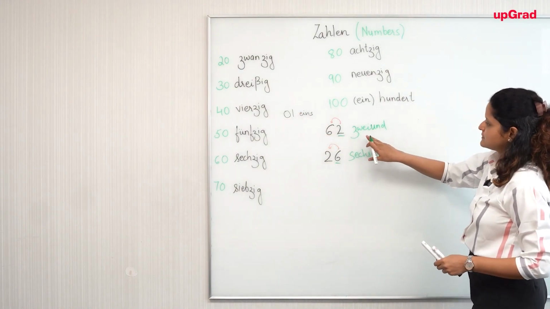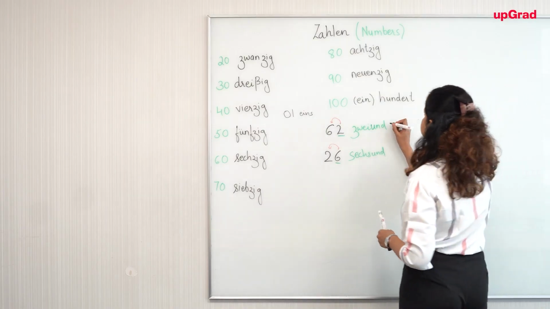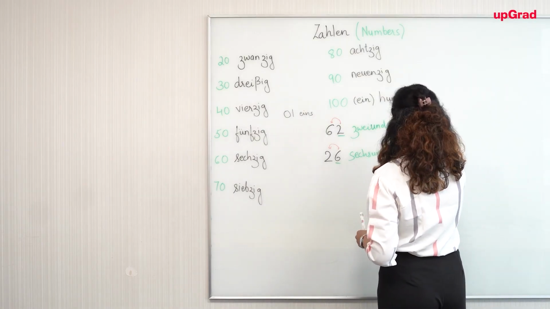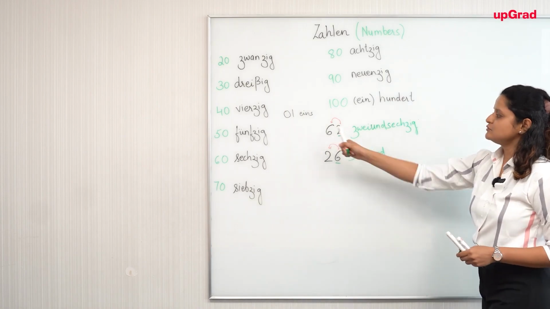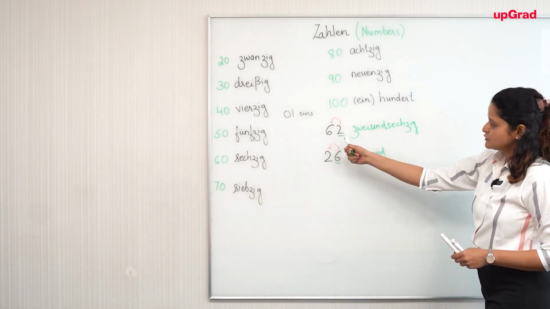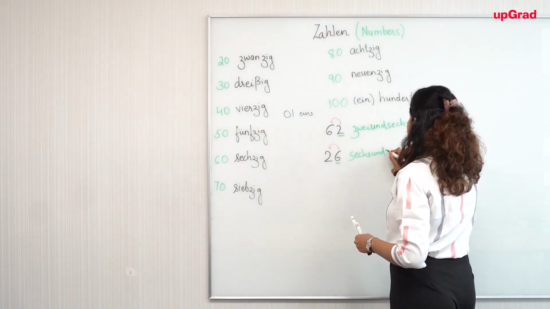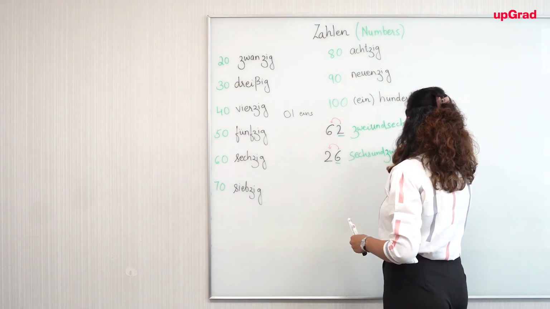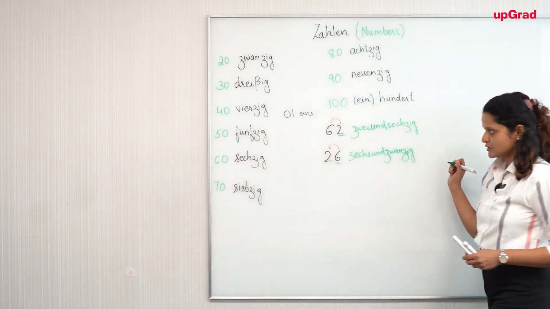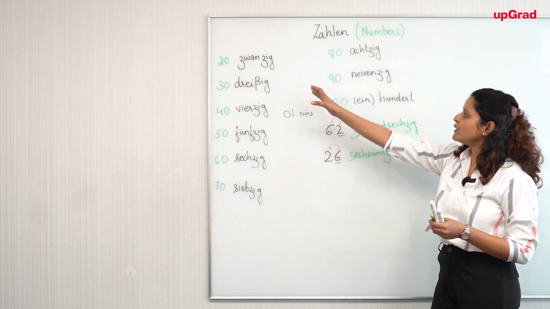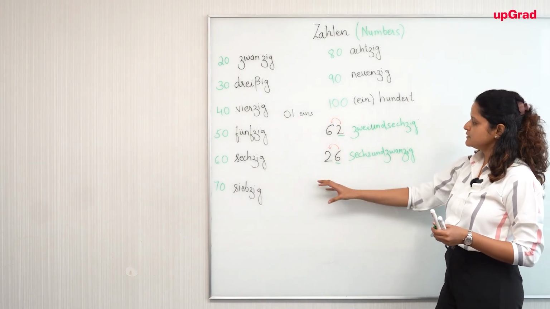So this becomes 2 und 60, which is your 62. And this becomes 6 und 20. So if you follow this pattern of making numbers, all the numbers from 1 to 100 can be made with a similar pattern.